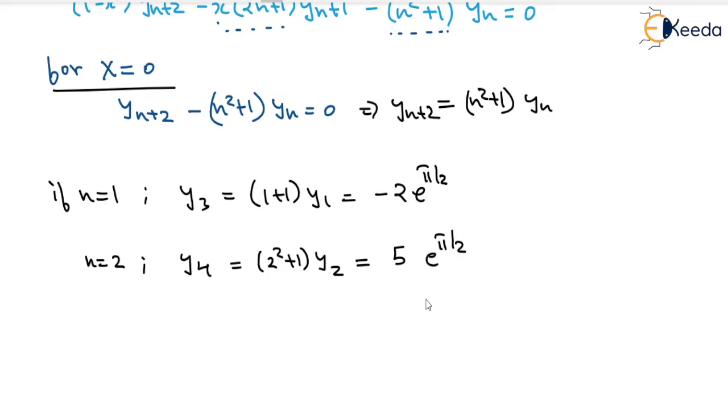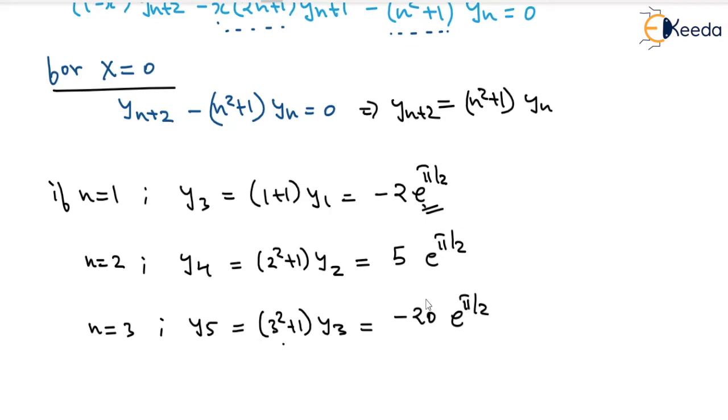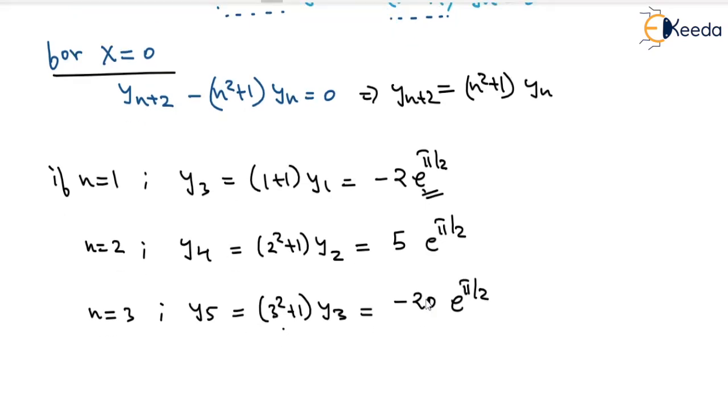If it is n equal to 3, y5 because n plus 2 becomes 3 square plus 1 and y3. So y3 is already found here. This is y3 and this is 10. So this is going to be minus 20 times e to the power of pi by 2. So on, we can find other terms also.